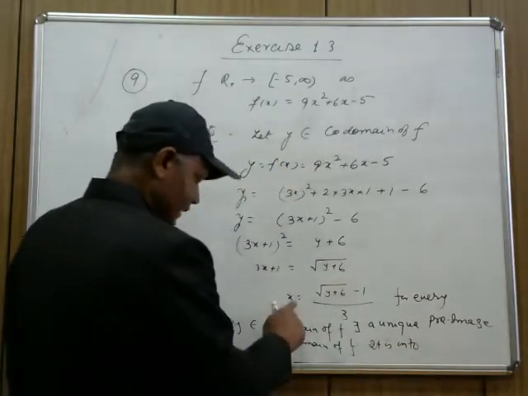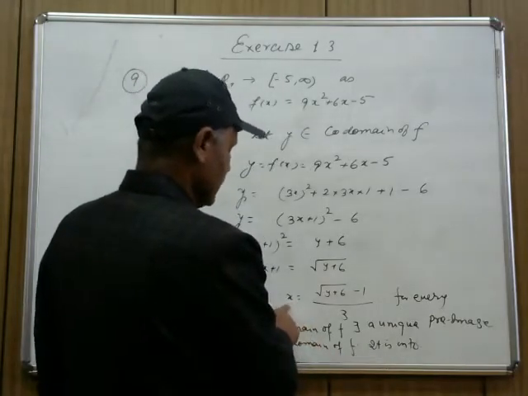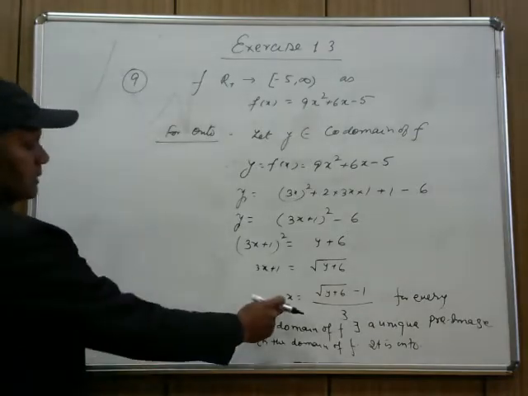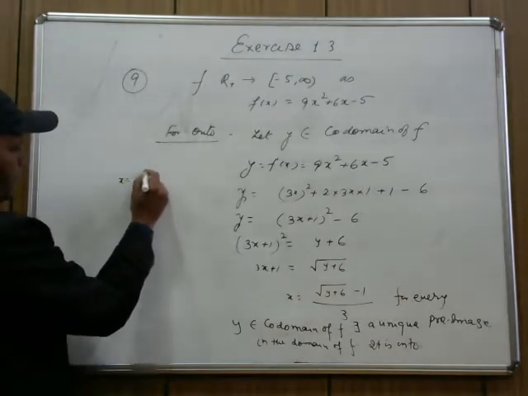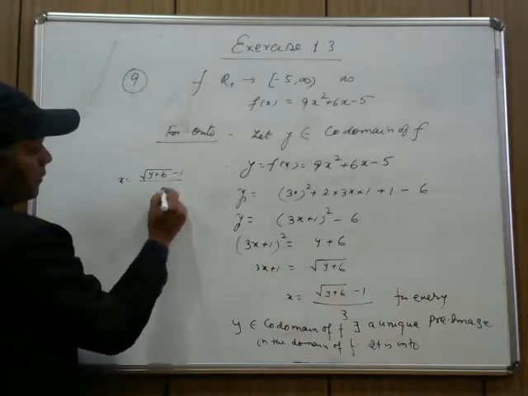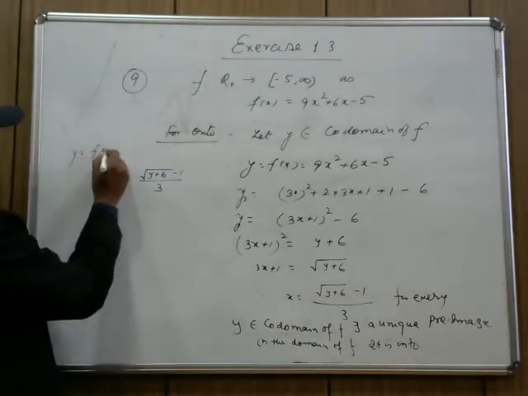I'll go for the next part. Therefore we know that y is equal to f of x. Here x is equal to (under root y plus 6 minus 1) upon 3, and y equal to f of x gives what?